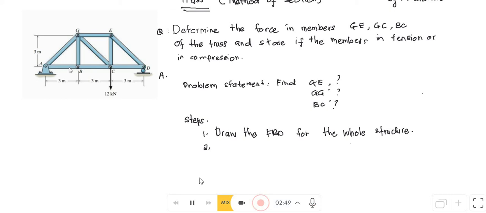Actually it depends on the situation. Sometimes we don't have to find the support reaction first. But for the beginner, it's best to find the support reaction.